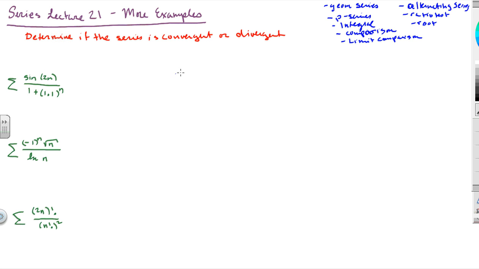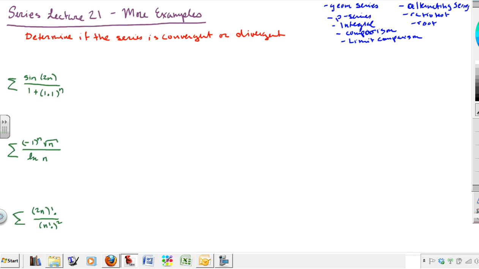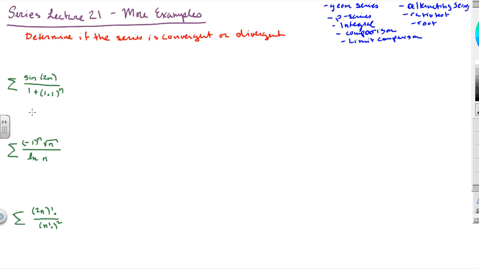So let's look at this first one. First off, it doesn't have all positive terms because sine 2n might sometimes be negative. So we can't use a test directly that compares it to something with all positive terms, but we can look at the absolute value of that.